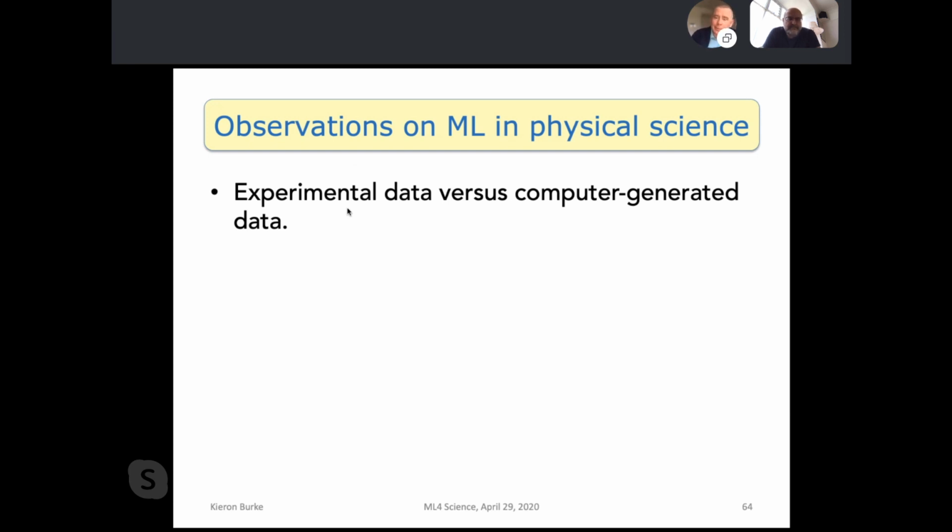And experimental data is real. Computer is something we made up. Always ask, can you map your problem to image processing or not? And if you can, you should, because off-the-shelf software will get you there almost instantly, right?